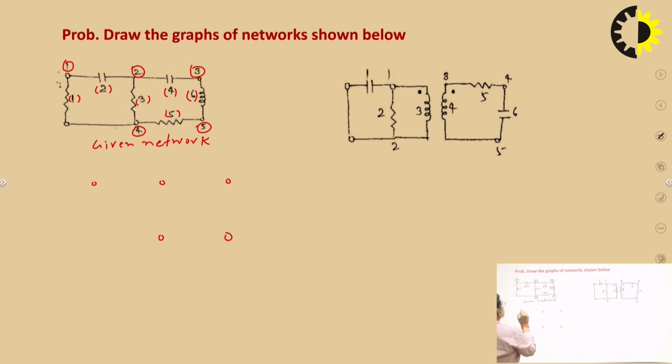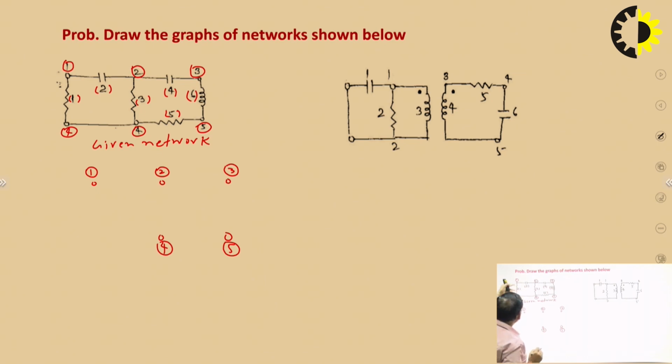Just number them: this is 1, this is 2, this is 3, this is 4, and this is 5. This node and this node are the same node, also 4, at the same potential, an equipotential surface.